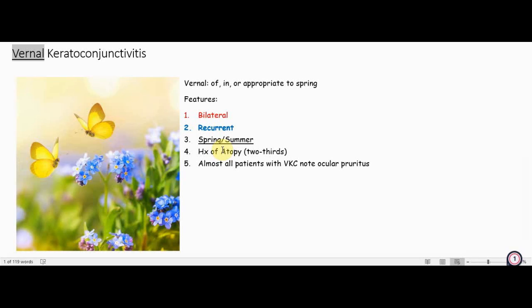So if there is a scenario of vernal keratoconjunctivitis, they will be sure to mention the fact that there is a boy or a girl who is in the age range of 5 to 15 who will present with signs and symptoms of allergic conjunctivitis, especially during springtime, and there will be history of previous recurrence during a similar time period last year or the year before that. Okay?